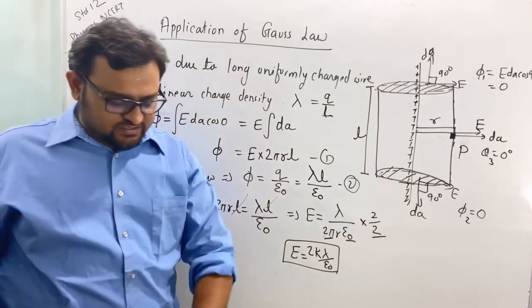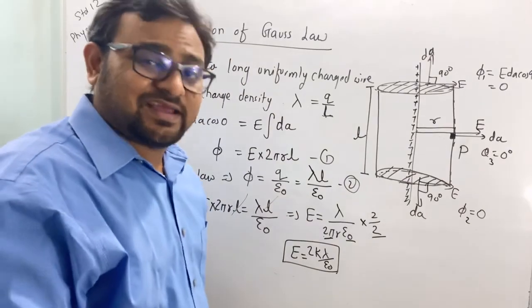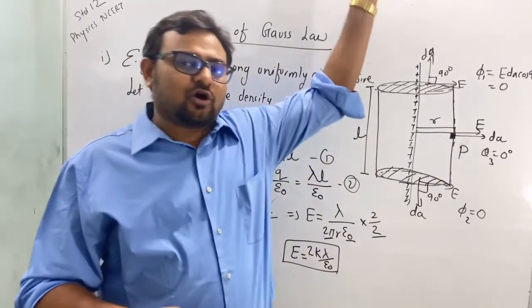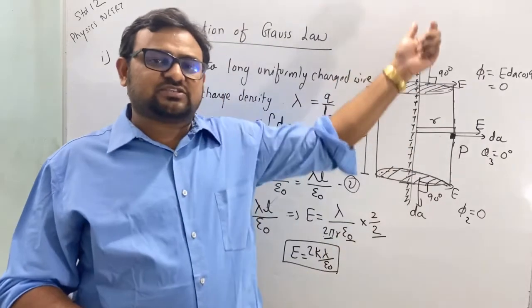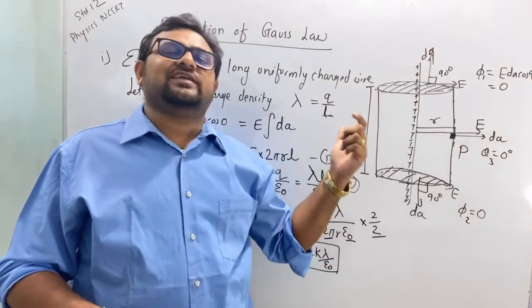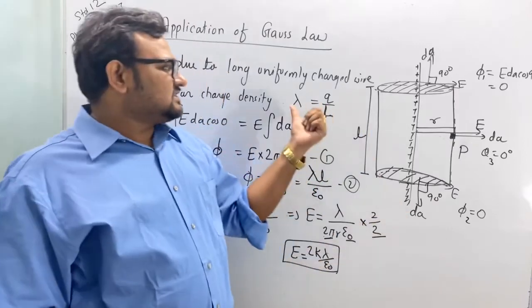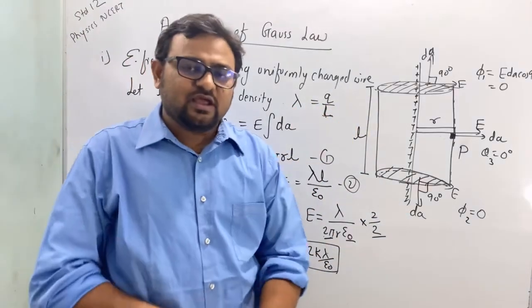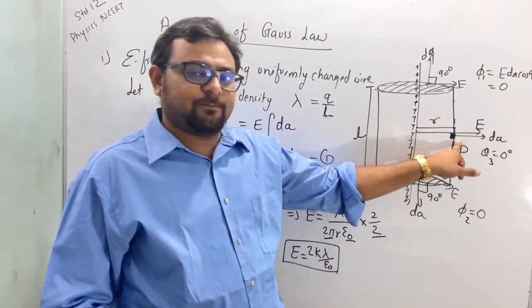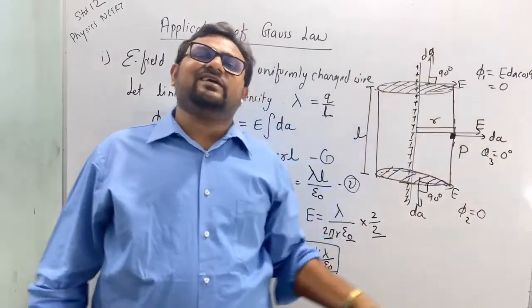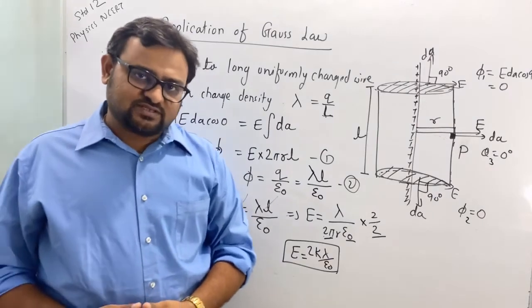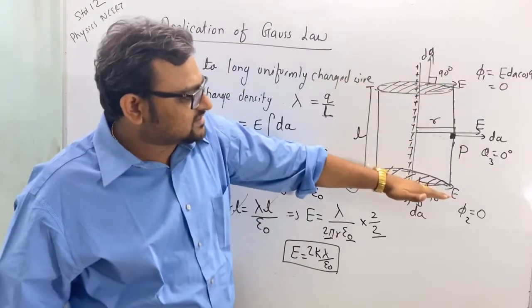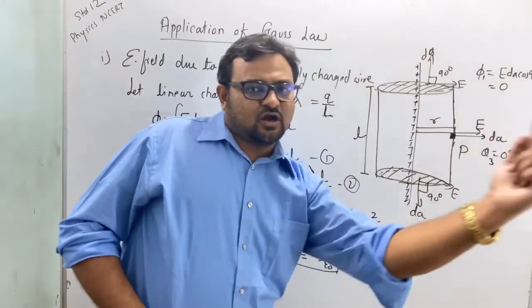I am repeating this topic once again. We had taken a long wire with uniform charge, total charge Q, total length L. So the charge density lambda equals Q by L. Now we have to find the electric field at point P. So we selected a cylindrical surface. There are three different surfaces: these two ends and the curved surface.